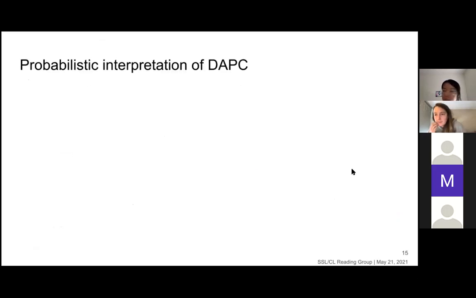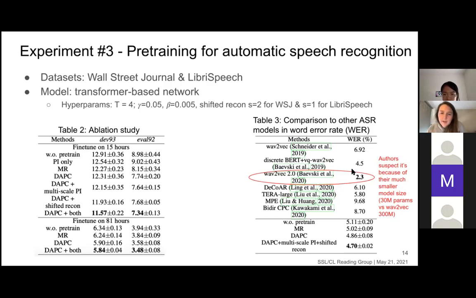For that difference, the fact that wave2vec and discrete BERT plus wave2vec are doing better than their proposed method, efficiency is obviously helpful here. Do they say anything about whether you could integrate this loss function into wave2vec and maybe get even better performance than wave2vec alone accomplishes?